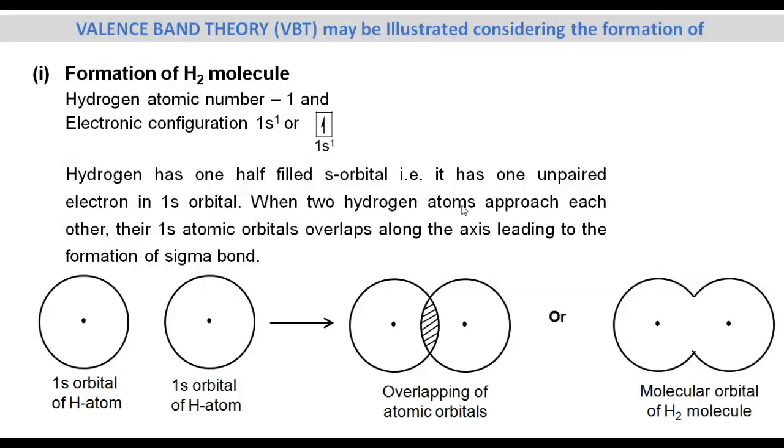When two hydrogen atoms approach each other, their 1s atomic orbital overlaps with the 1s atomic orbital of the other hydrogen atom. This overlap is along the axis, or head-to-head overlap, leading to the formation of a sigma bond, and this forms the molecular orbital of the hydrogen molecule. So this is how the hydrogen molecule is formed according to valence bond theory.